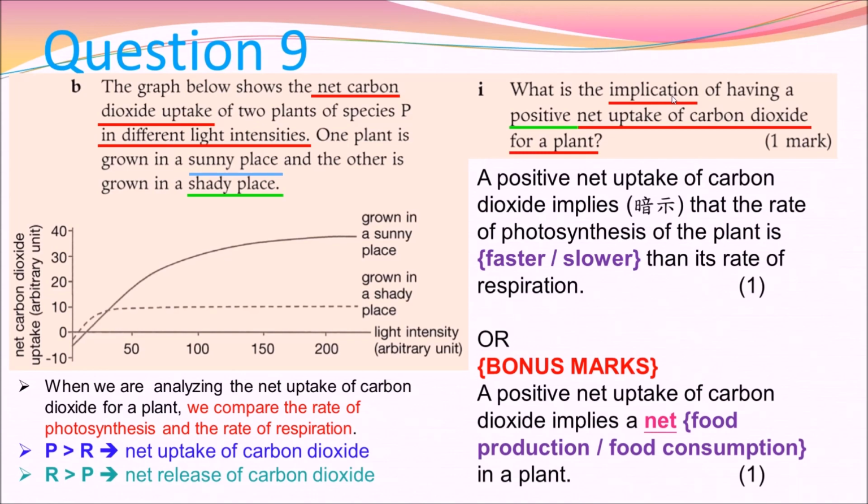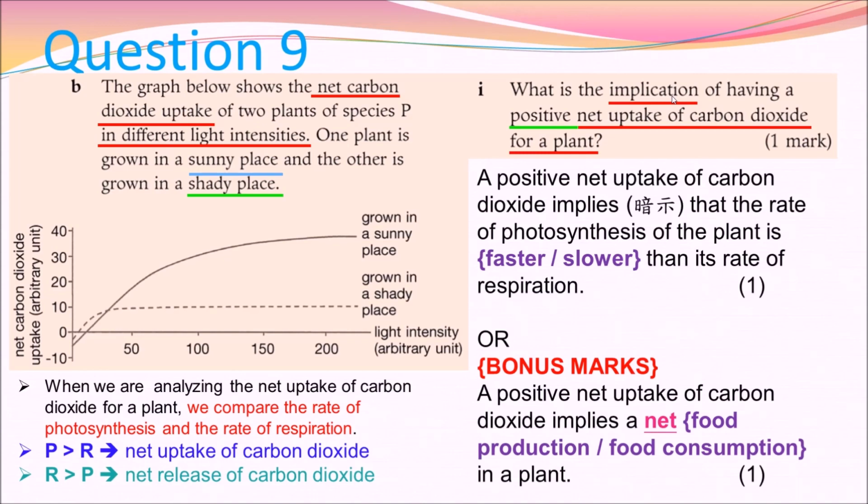The positive net uptake of carbon dioxide implies that the rate of photosynthesis of the plant is higher or lower than its rate of respiration. So tell me this part, higher or lower. Or you can refer to the other concept. The bonus part will be that a positive net uptake of carbon dioxide implies a net what?